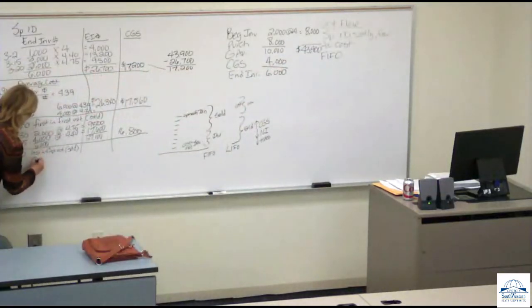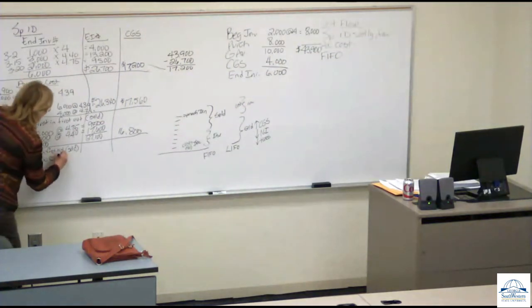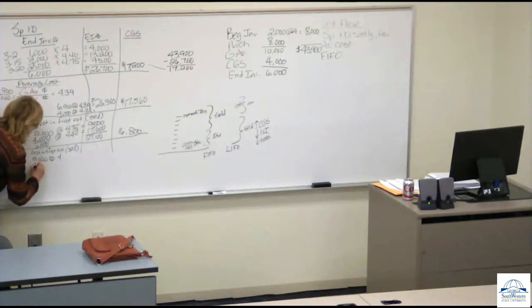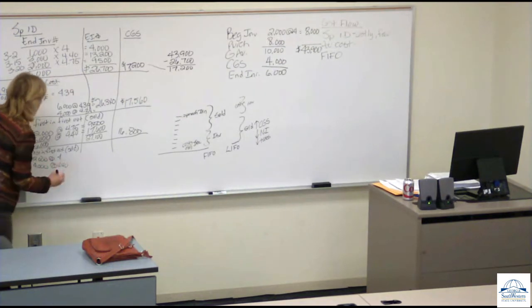2,000 from March 2nd. They were at $4. And how many do we need in total? 6. Then you use 4,000 from March 15th, and those were at $4.40.